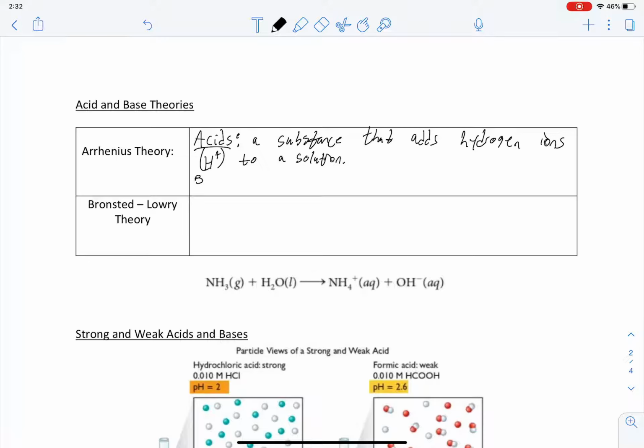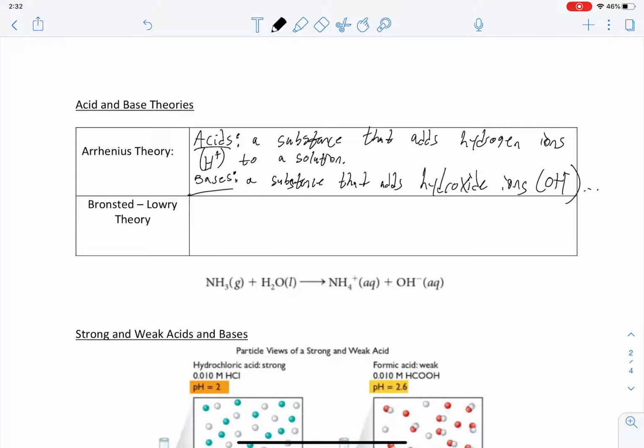And then he defined bases as a substance that adds hydroxide ions, or OH minus, to a solution.